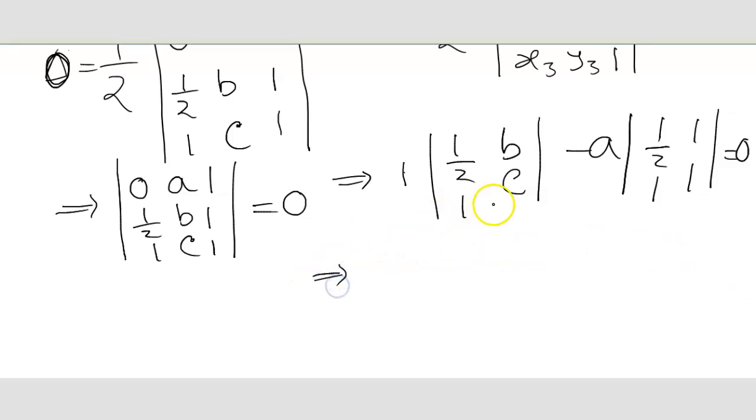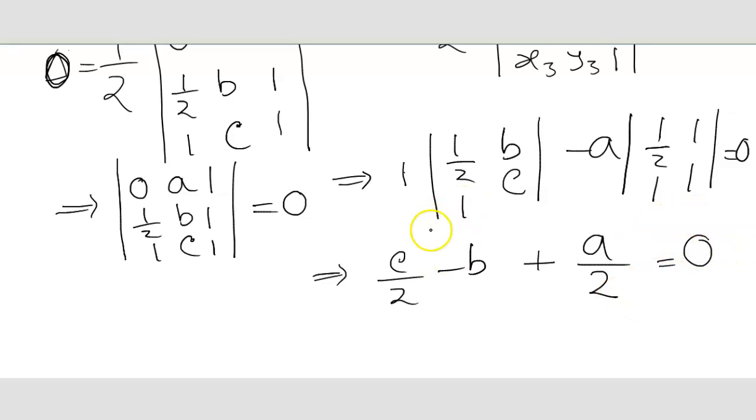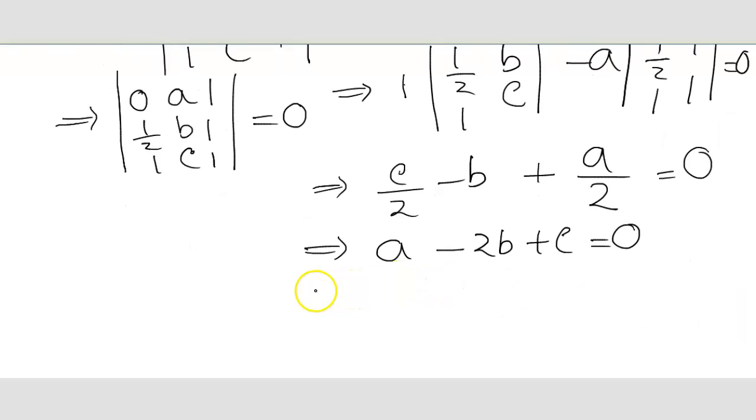If we calculate it, then half minus 1 minus half plus, so it will become something like this. It simply gives us that a minus 2b plus c equals 0. If we simplify it more, then it will become a plus c equals 2b.